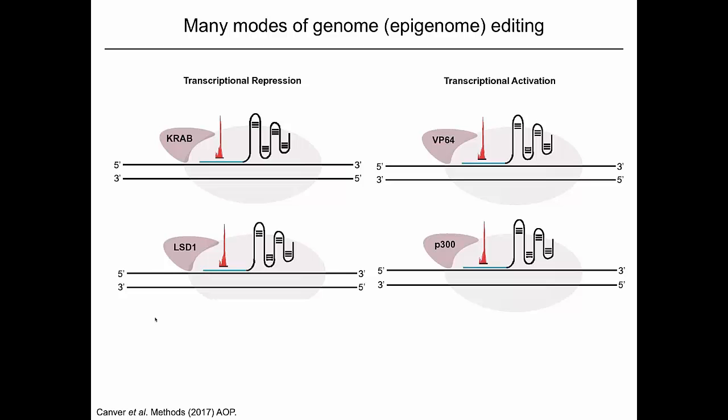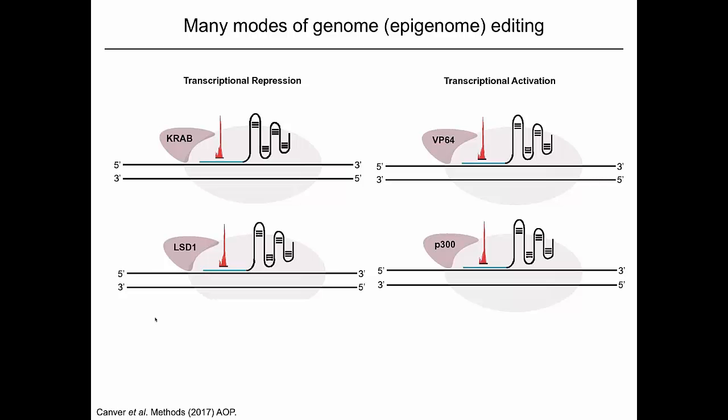And so one can imagine using a repressive domain like the KRAB domain, or a repressive chromatin regulator like LSD1, to target to a specific sequence using dCas9 and execute repressive chromatin marks.